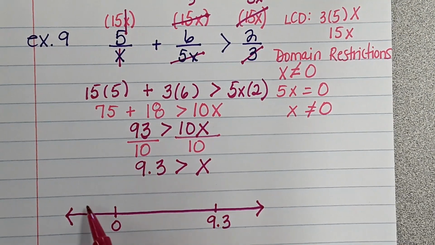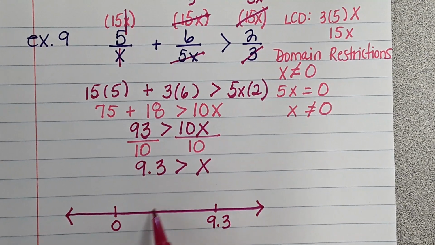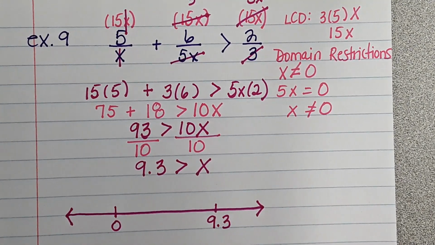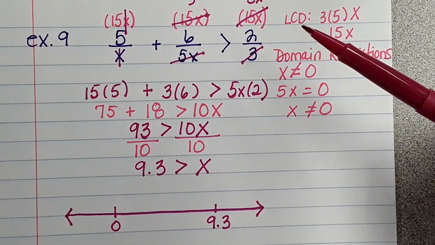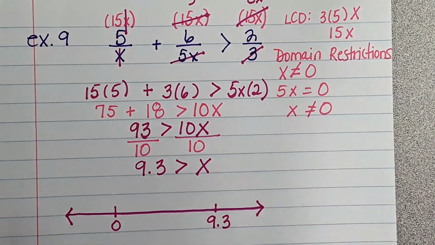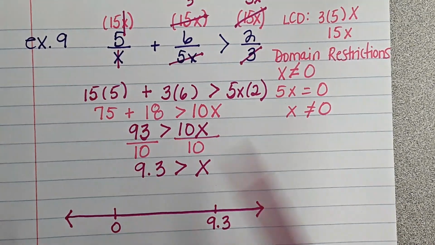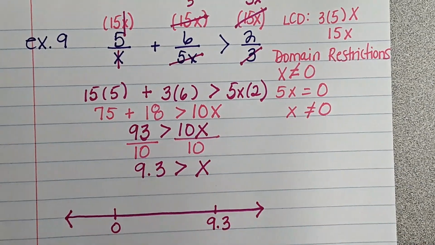So we need to pick a point below 0, a point between 0 and 9.3, and a point that's greater than 9.3 and test it. What I mean by that is put it into the calculator and see if it makes a true statement. Because it's an inequality, there could be different parts, okay? The other part is 0 is there because that is a domain restriction. If our domain restriction was 1, we would put it on 1.